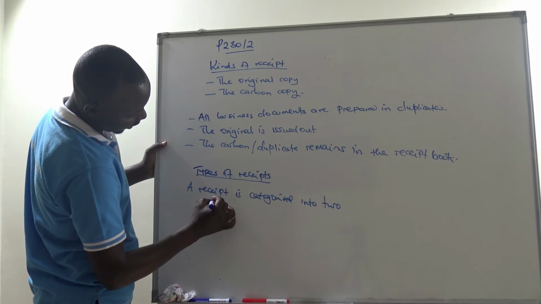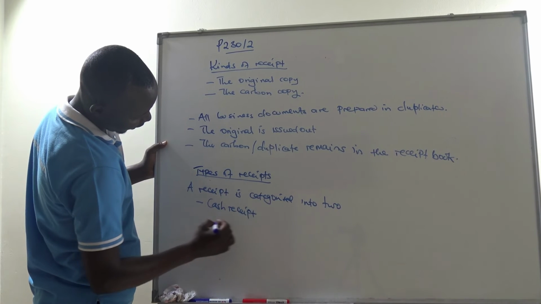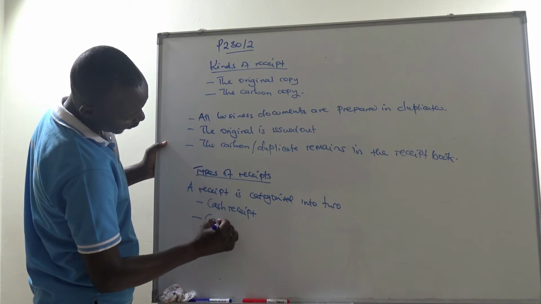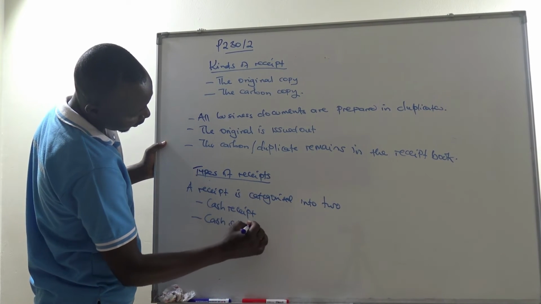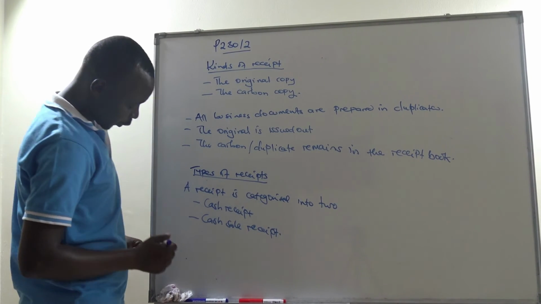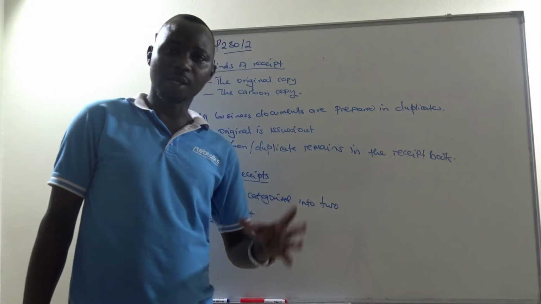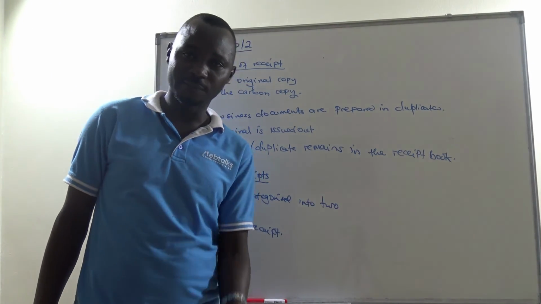One is the cash receipt. Another one is the cash sales receipt. These are the two types of receipts: cash receipt and cash sale receipt.